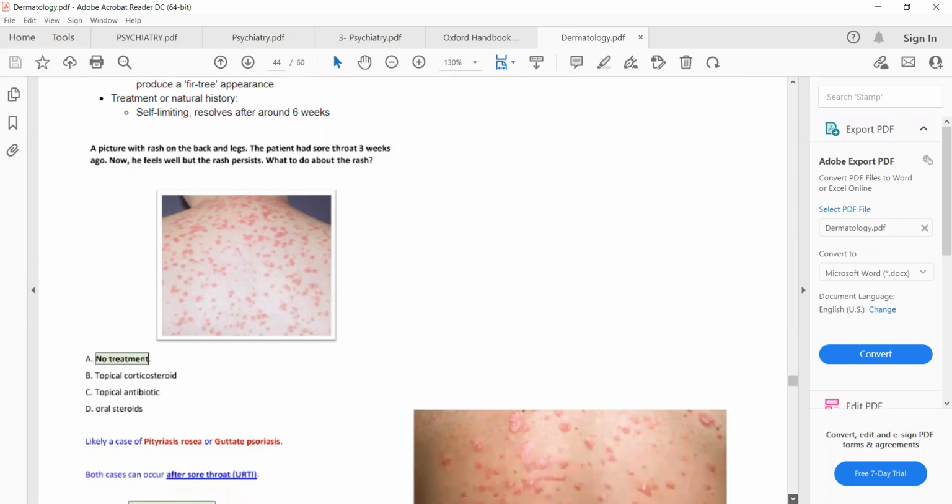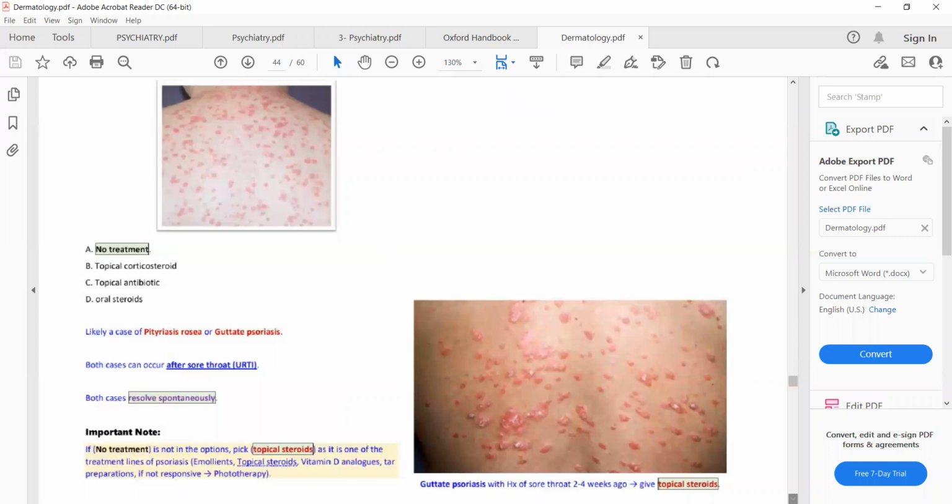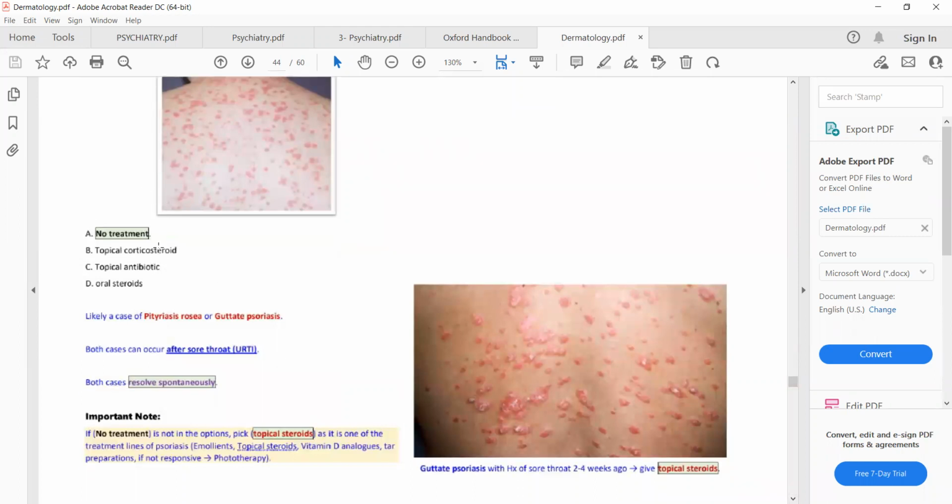So we know that the management of guttate psoriasis, because it's a self-limited condition, usually no treatment is required. So the best option is no treatment or reassurance.